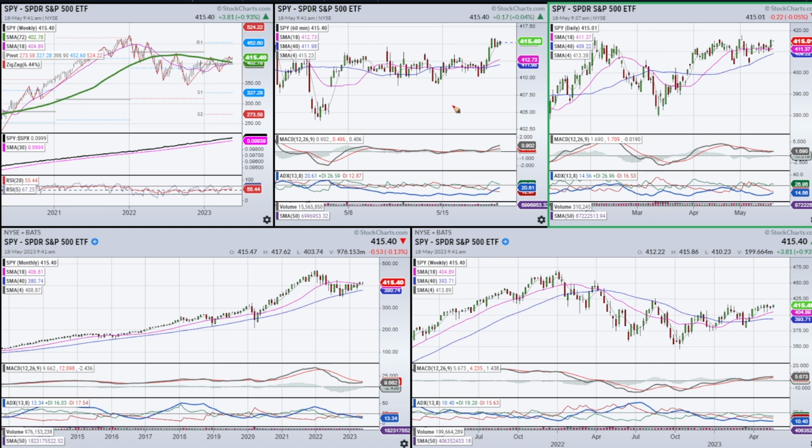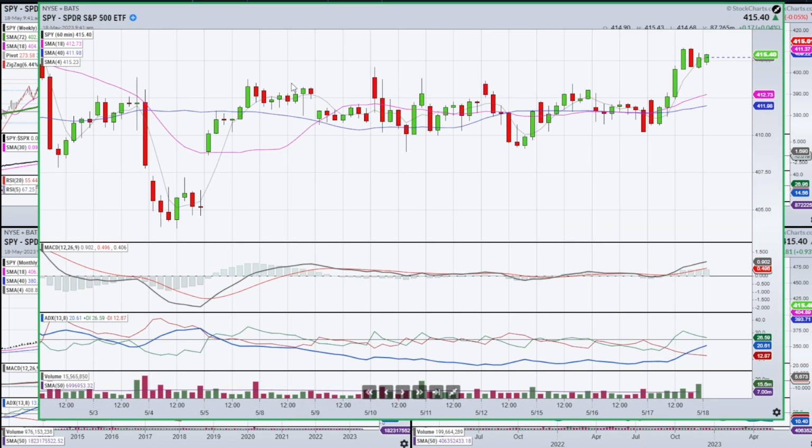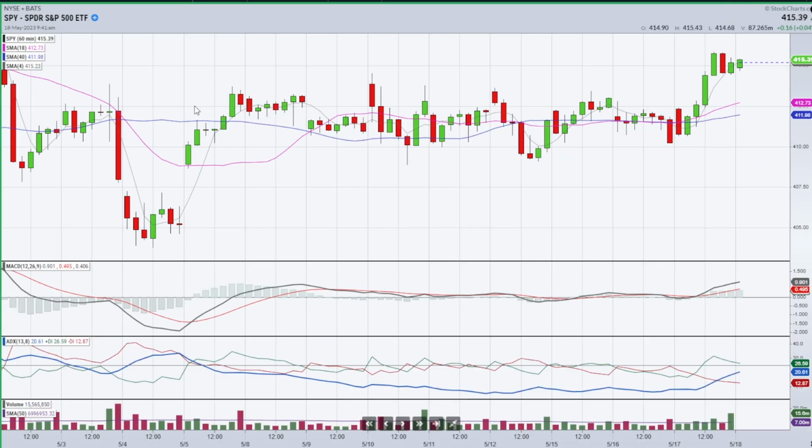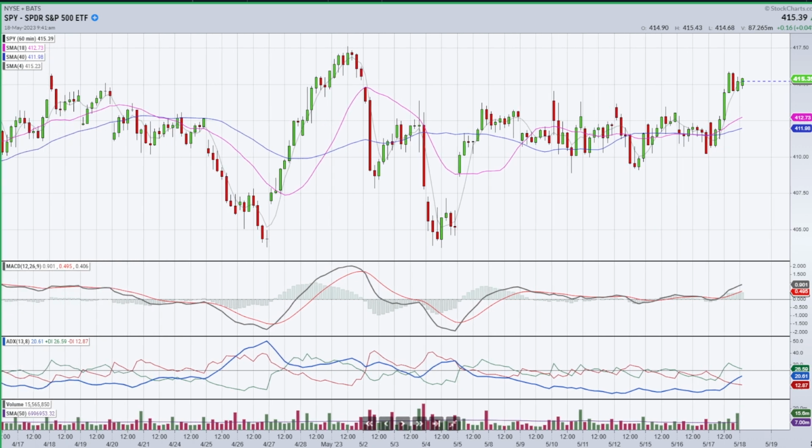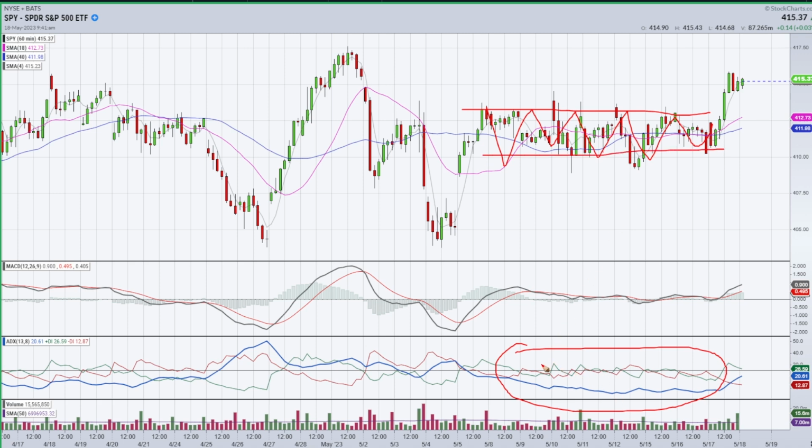If we go to the hourly, you see how the hourly was a no trend setup, sideways action. In a lot of cases, your no trend is setting up a low ADX condition. So you always want to check out when we have no trend in price, you want to see, number one, is it kind of a tight pattern, which I like, and then also, do you have a low ADX condition in place?